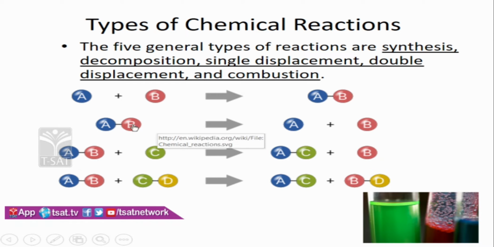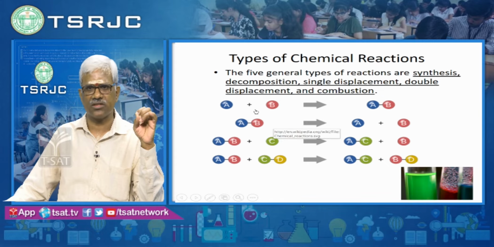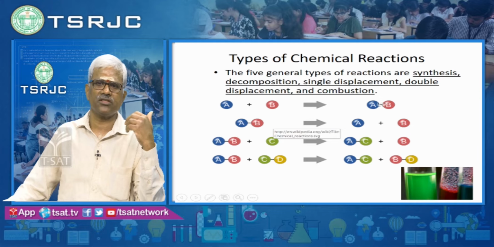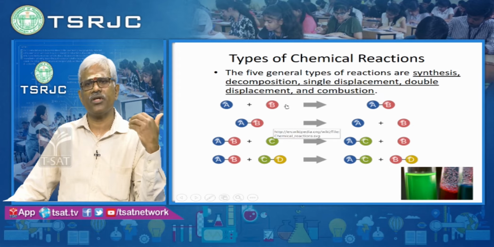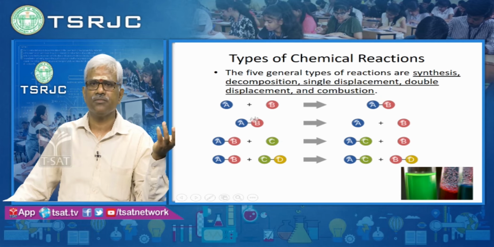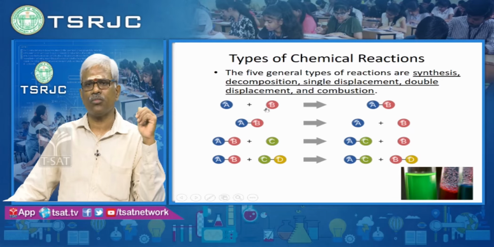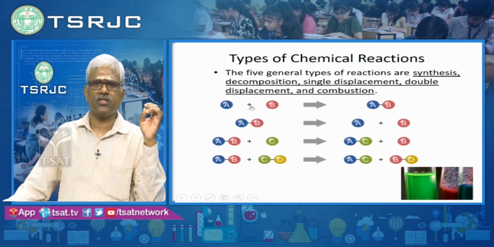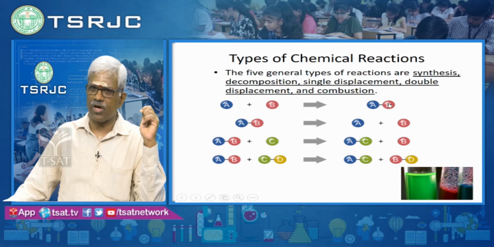In decomposition it is reversal of synthesis reactions. That does not mean all decomposition reactions are reversible to all synthesis reactions. Some chemical combination reactions may be reversible. For example, hydrogen plus oxygen gives water molecule.